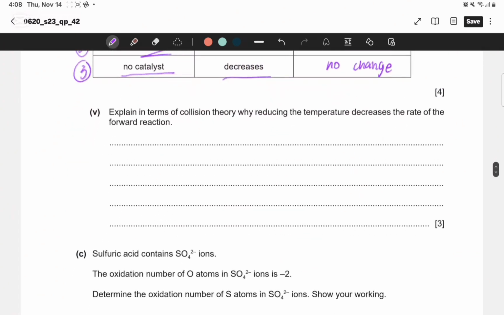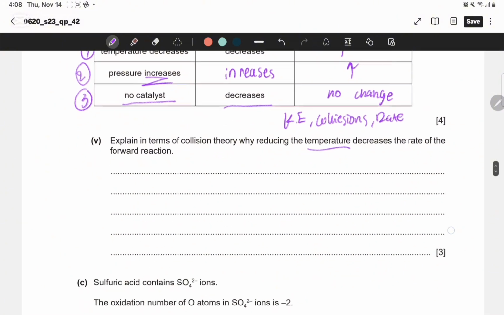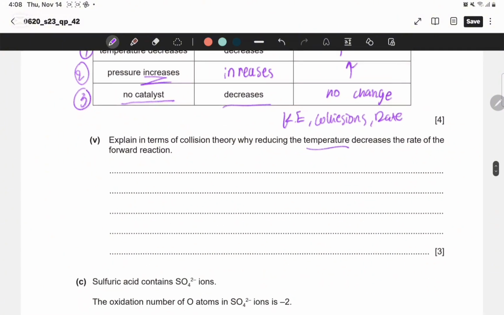Explain in terms of collision theory why reducing the temperature decreases the rate of the forward reaction. So whenever we see temperature, we're always going to talk about three things. First, kinetic energy, and then collisions, and then the rate. Okay? So when we decrease the temperature, what's going to happen?